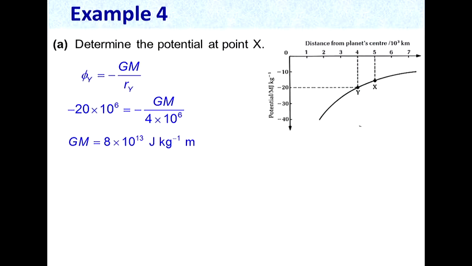So once you have the value of GM, where big M is the mass of the planet, you should be able to calculate the potential at point X. We use the same formula, just that now the R would change to Rx, the distance of point X from the center of the planet.